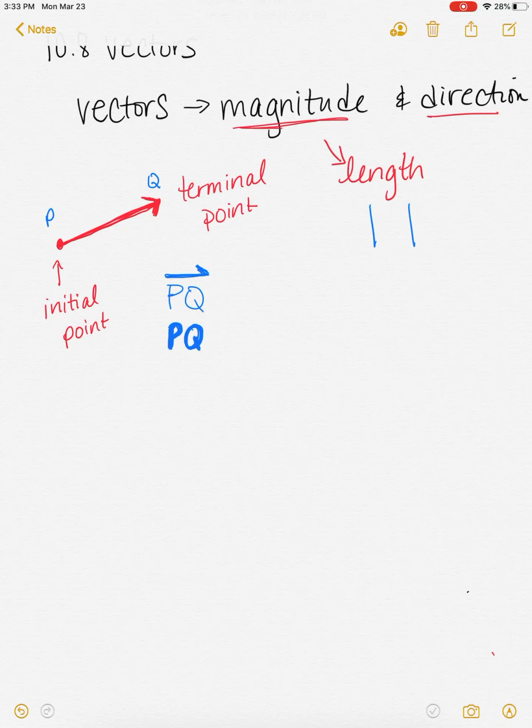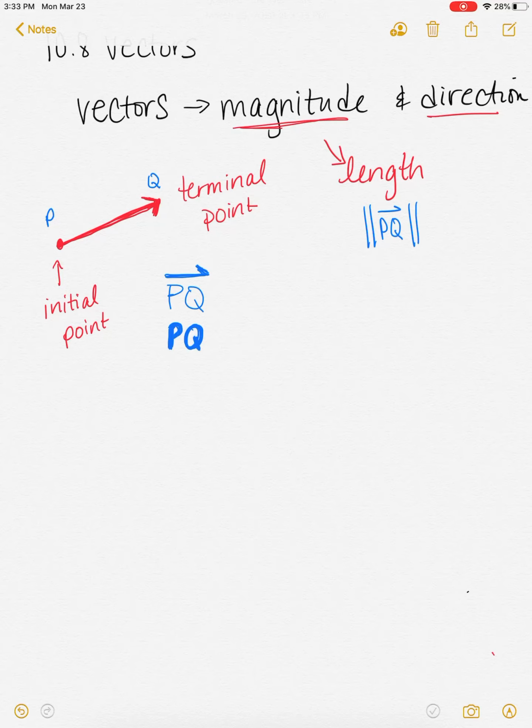Well, we're going to do it very similarly with our vectors. We're going to say PQ and then the little vector. However, we're going to put a double absolute value line to notate the distance, the length of our vector, or magnitude.